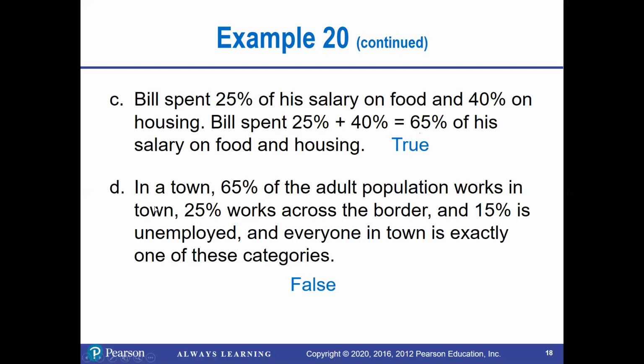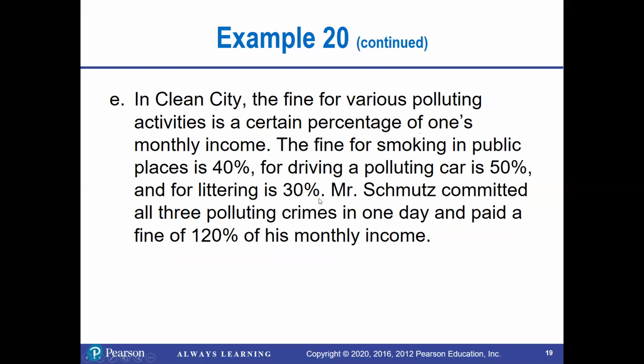Okay, that would not cover everybody, because this is what, 65, 70, 90, over 100%. That's what it is.